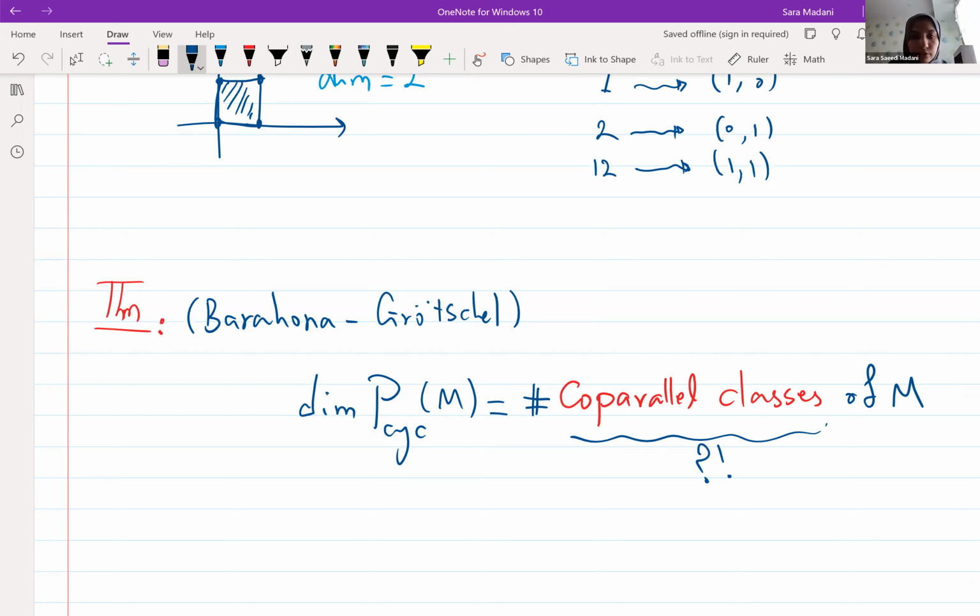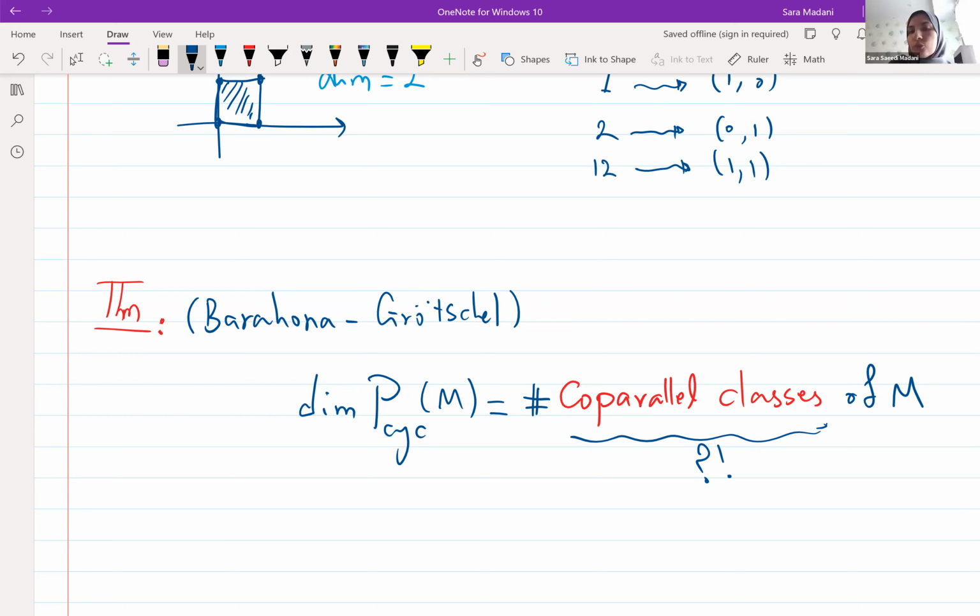I don't want to give anything about the proof here, but I would like to at least try to make this expression more clear, and we try it on some example. Okay, so now that we have some motivation, I didn't want to give you a list of definitions with no reason.